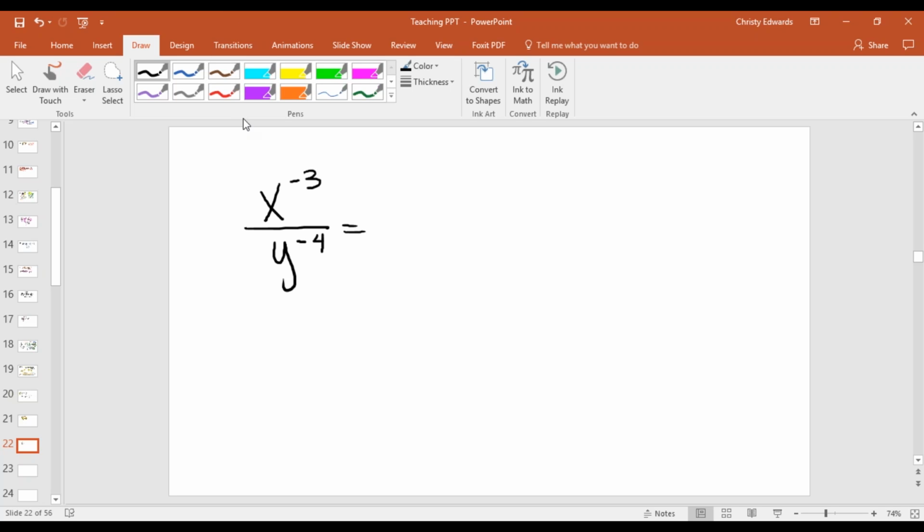Yes. It is two different variables, so they're not going to cancel with each other. Exactly. So I'm not saying cancel these because they don't cancel. X and Y don't cancel with each other. I'm not saying use any cute shortcuts on the powers. I'm saying just rewrite them where they get to have their positive exponents.